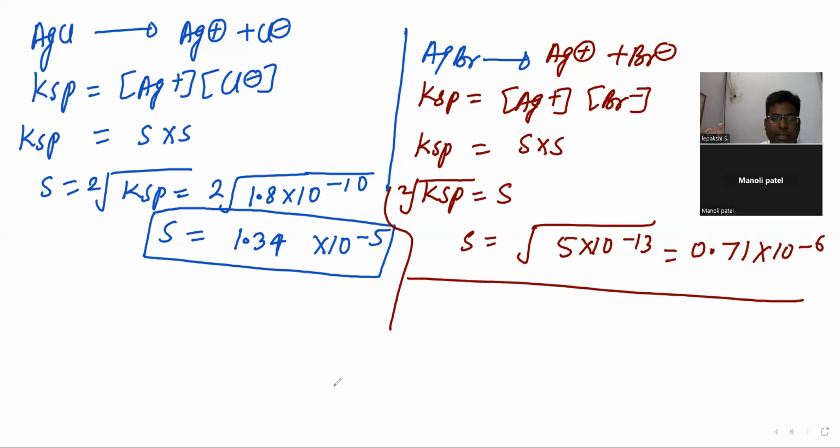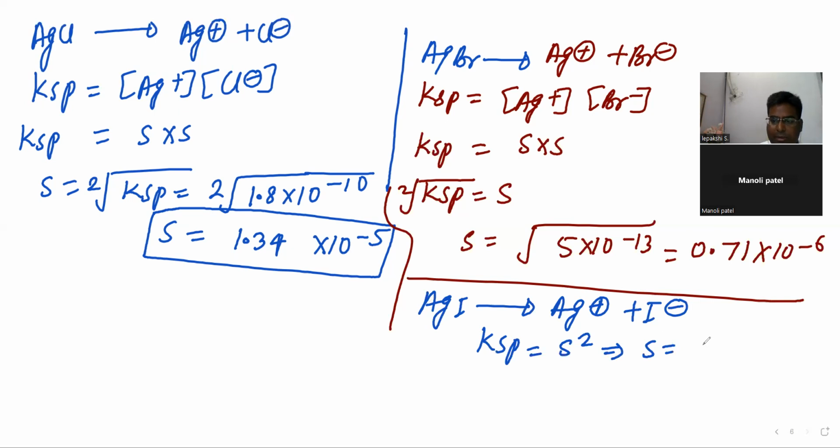Now solve the fourth case, silver iodide. It dissociates to form Ag+ and I-, so the solubility product is S squared and S is the square root of Ksp.